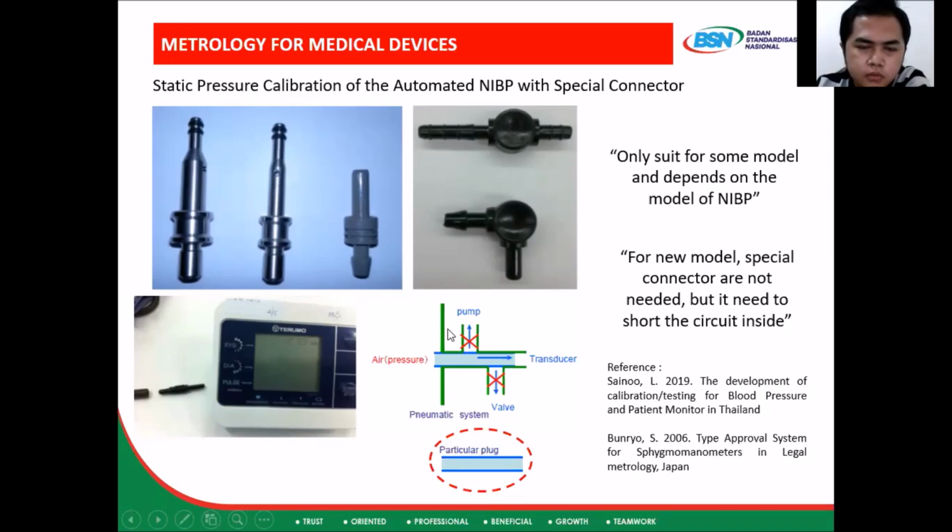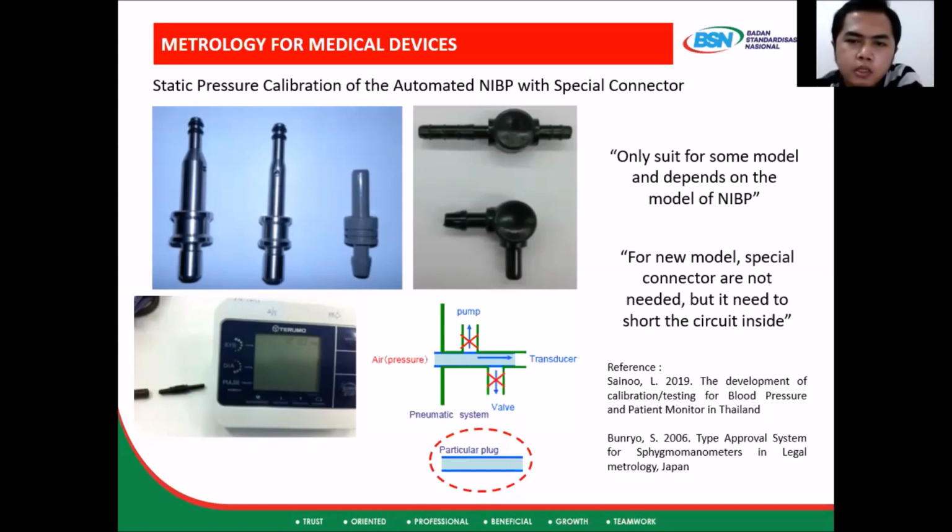They are designed to block the pump and the valve. However, this special connector is only suited for some models and depends on the model of NIBP. In different models, the location of the pump and valve may be different, and the connector cannot block it. So what happens is there's a leak of pressure.